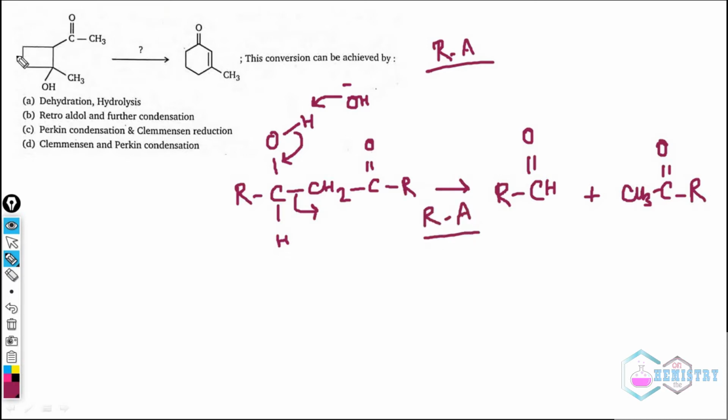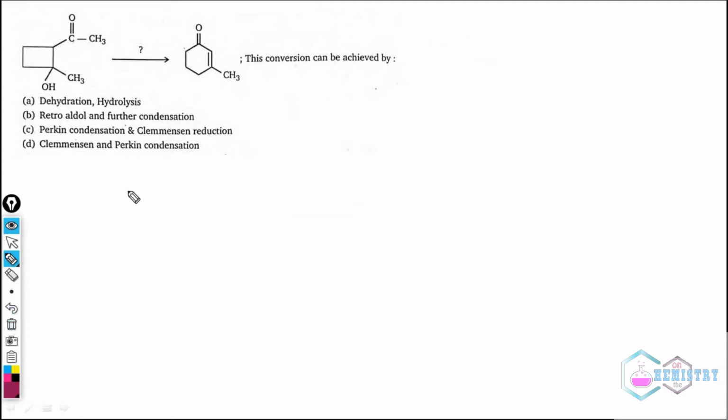So if we perform a retroaldol condensation in our case, we will find that this is a compound, this is the oxygen and hydrogen, this is the methyl group, and this is the carbonyl group. So retroaldol condensation will occur like this, and how many compounds will form?